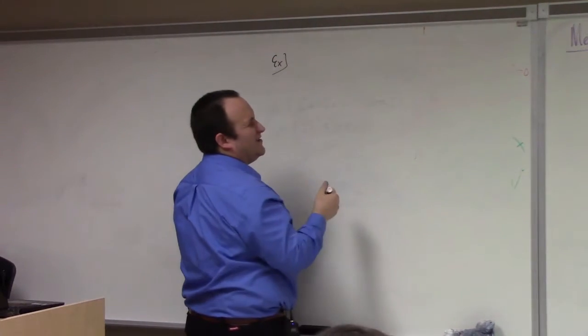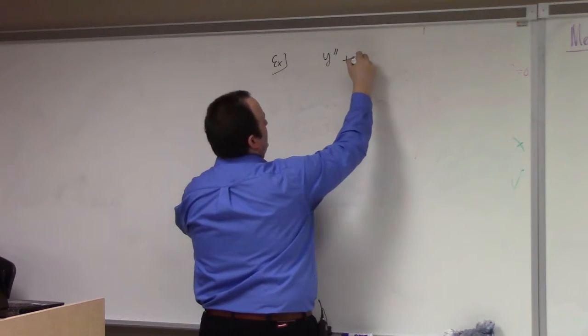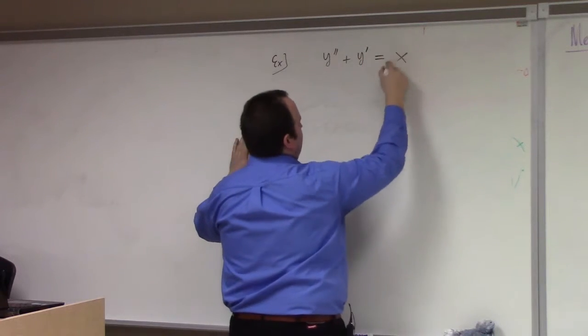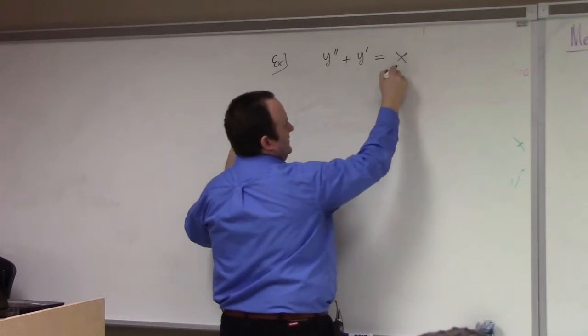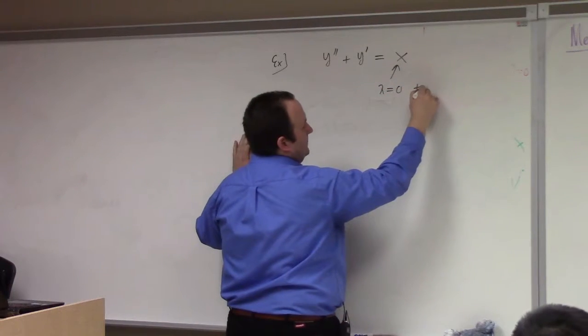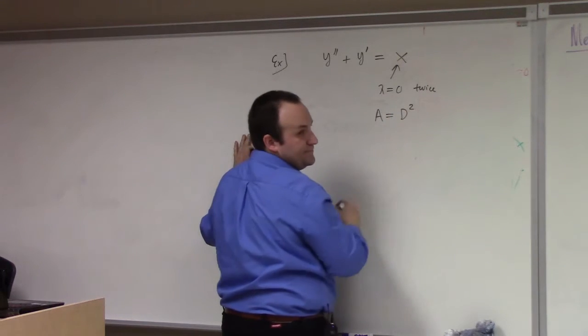So suppose we want to solve y prime prime plus y prime equal to x. So this is from lambda equal to 0 two times. So I choose annihilator D squared.